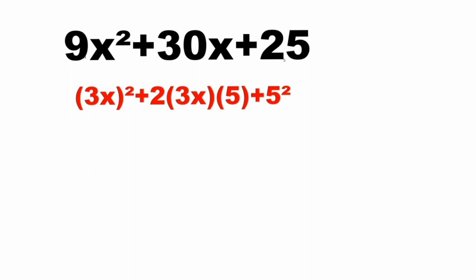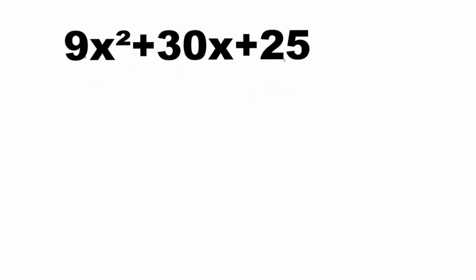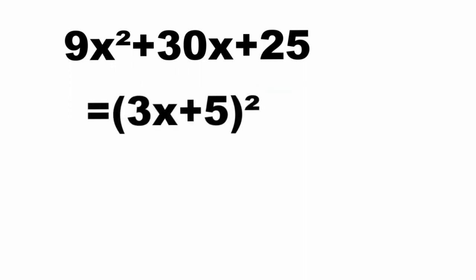So the factor for this is the quantity 3x plus 5, squared. 3x is the square root of 9x squared, and 30x is 3x times 5 times 2, and 5 is the square root of 25.